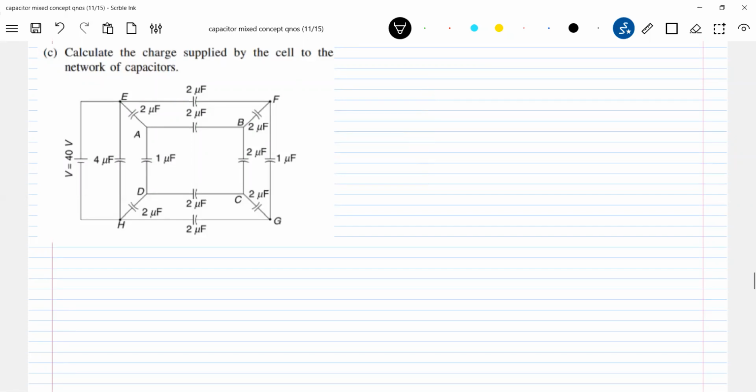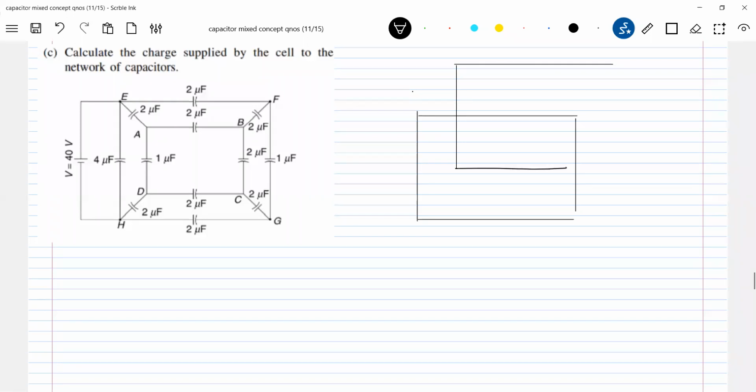Same as earlier what we did, the similar idea we can apply here also.